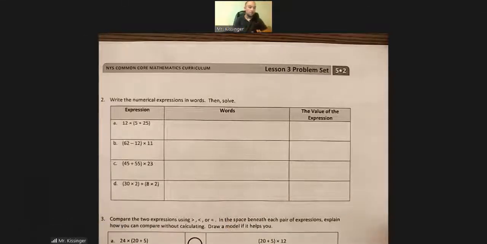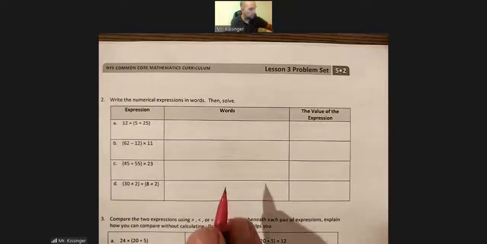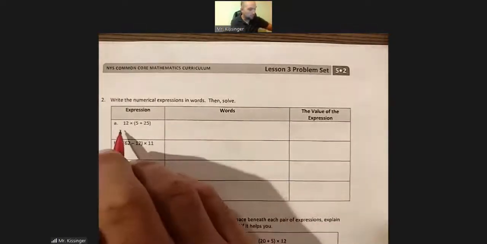All right, so now on this part, they give us the expression. We need to express that in words, and then we need to give the value or the solution to that expression. So the words, we're going to start at the beginning.